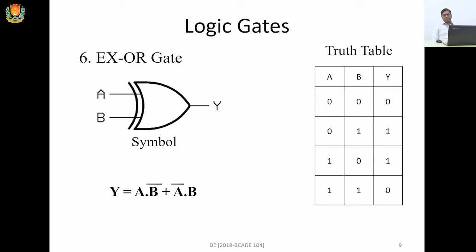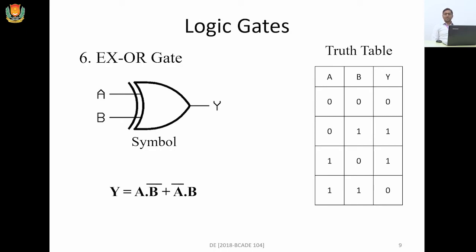I think you can see if we have similar inputs, meaning both inputs have the same values, like the first row and the fourth row. In the first row, you have 0 and 0, and in the last row, you have 1 and 1. If you have the same input, either 0, 0 or 1, 1, the output will be 0.